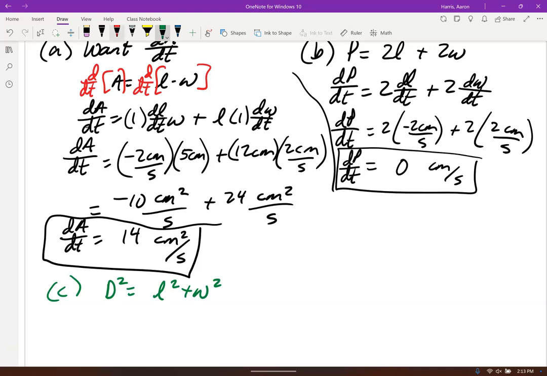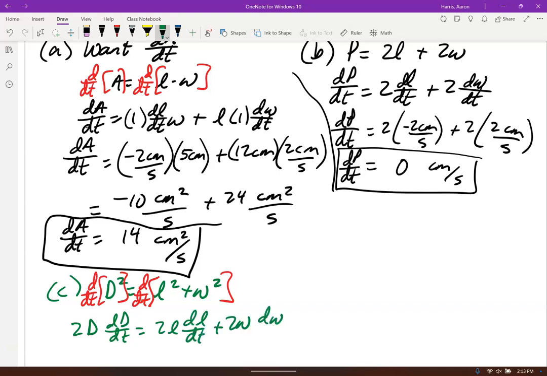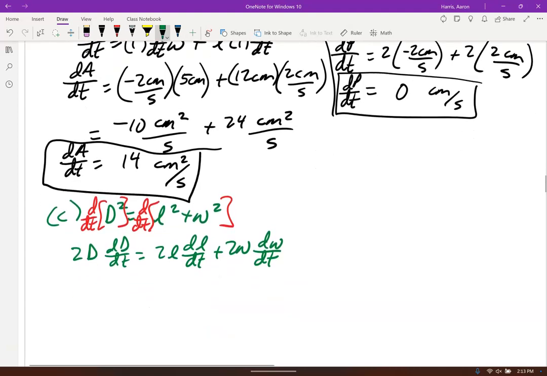So what's the rate at which that diagonal, capital D, is changing? Let's take the derivative with respect to time. So I'd have 2D dD/dt equals 2L dL/dt plus 2W dW/dt.